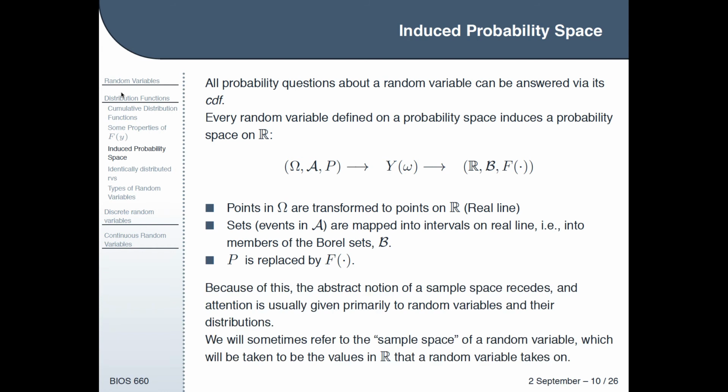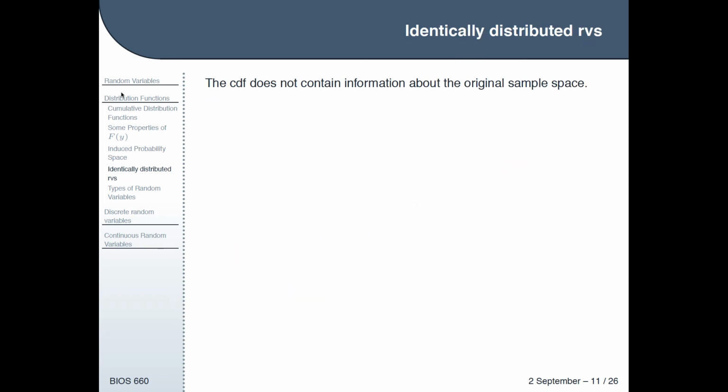You can ignore this abstract notion of sample space and focus your attention on the random variables and the properties of these random variables that we've defined, and the sample space of the random variable, which will be the values in R that a random variable can take on.